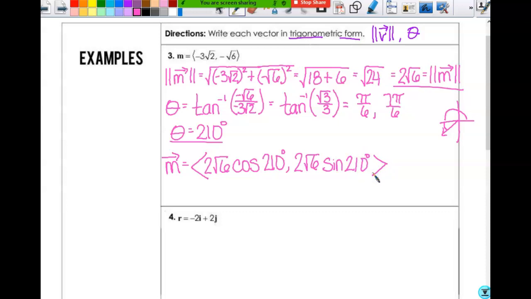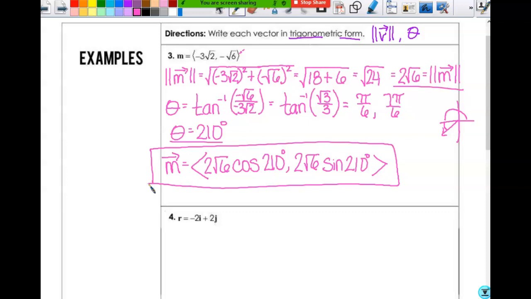And I stop, because if I actually work that out, guess what I get? This right here. And I'm just going in circles, right? This is what I want. It looks like it isn't solved, and that's fine. This is my answer. Okay? Because we're trying to push it into that trig form.